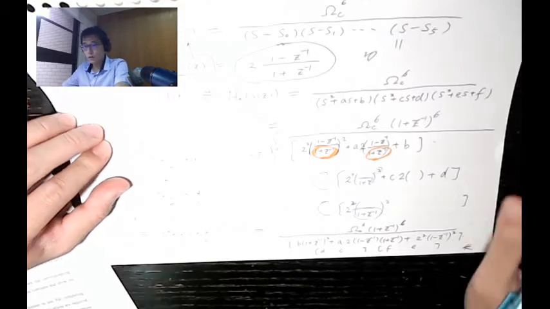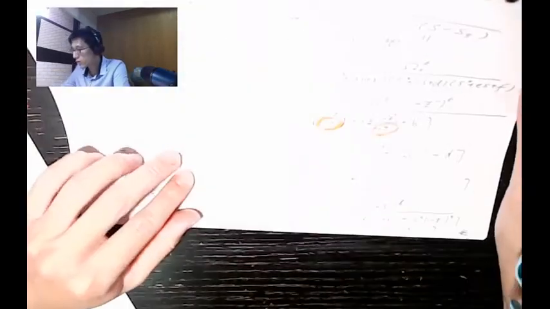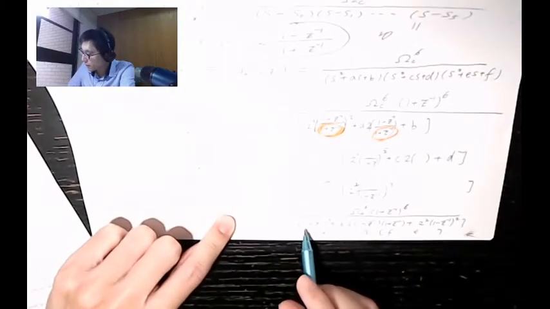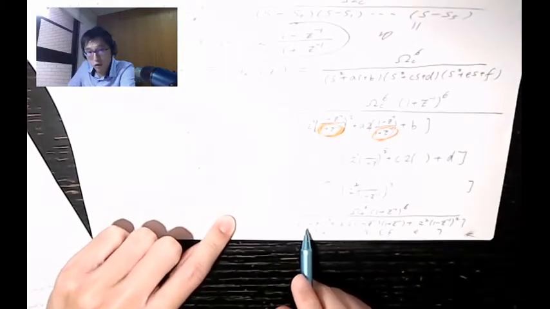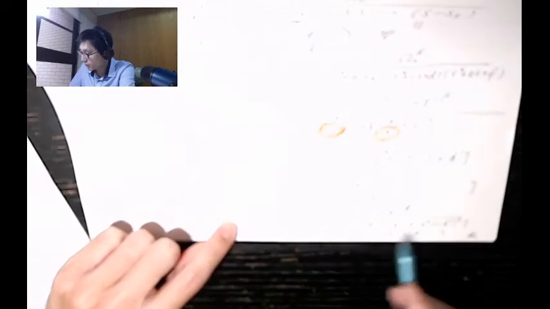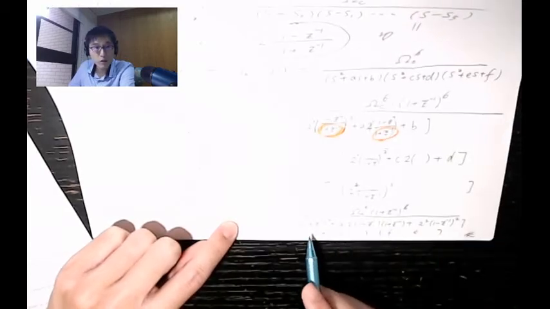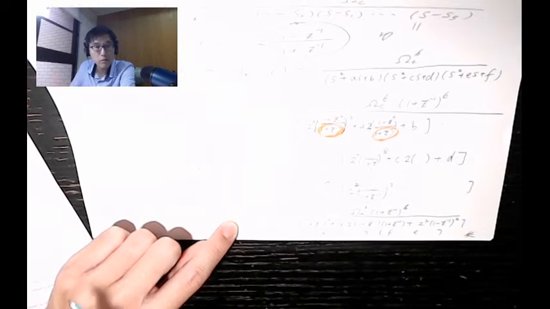Before I move on to write down that 6th order difference equation, note that the denominator has 3 factors, and each of them is a quadratic function of Z inverse. In chapter 6, later in this semester, we will talk about structures for computation.